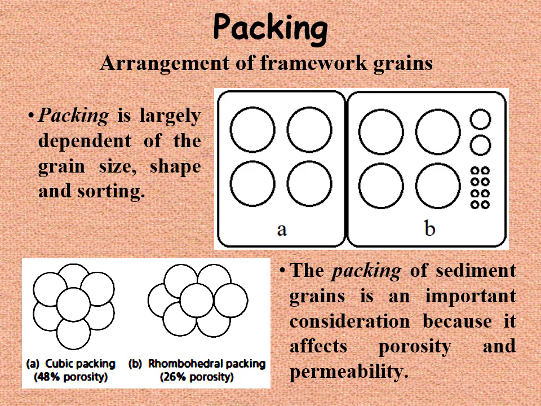Suppose you are putting footballs in a stack, one after another. As these are circular or spherical grains, one football comes into contact with another football at a point. So there is an ample amount of intermediate space within the grains.